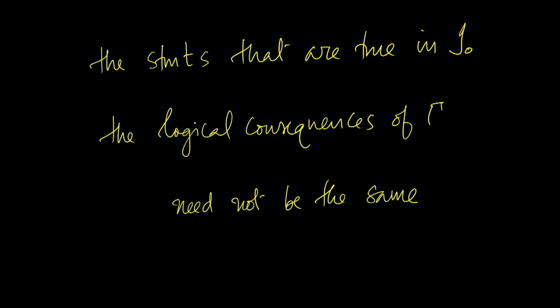They need not form the same set. Or in other words, there could be a statement that is true in I naught, which is not a logical consequence of gamma. Clearly, the second set is a subset of the first, but what I am saying is that the two sets need not be equal. The second set could be a proper subset of the first set, in which case there would be a statement in I naught which is not a logical consequence of gamma.